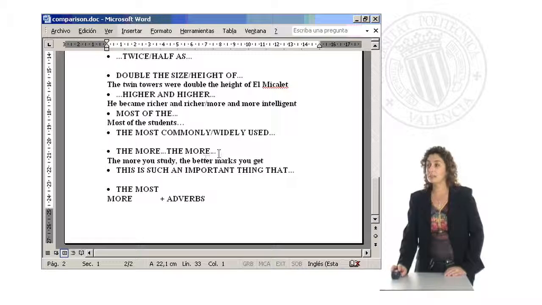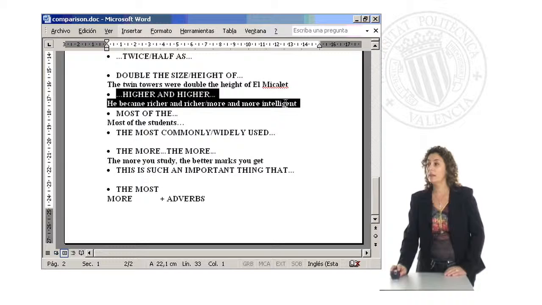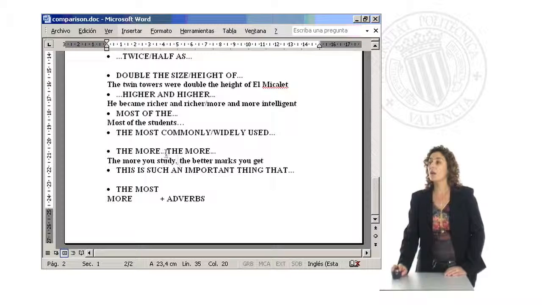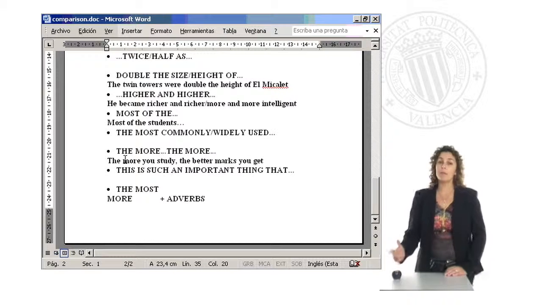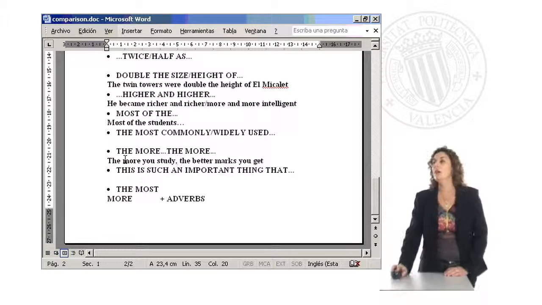This time, as in the previous example, we don't repeat the same structure, we join the adjective with and. Really what we are doing is joining two sentences and saying that something will happen when you increase a quality or an activity.